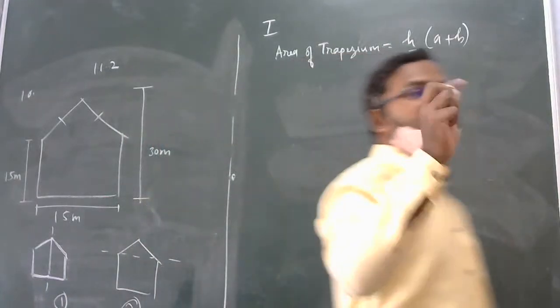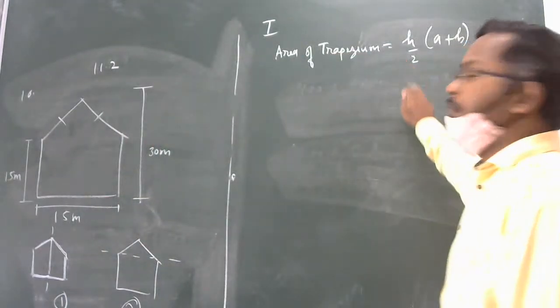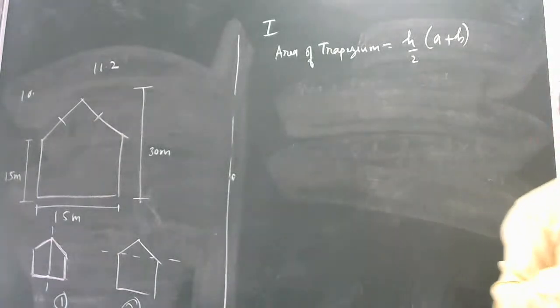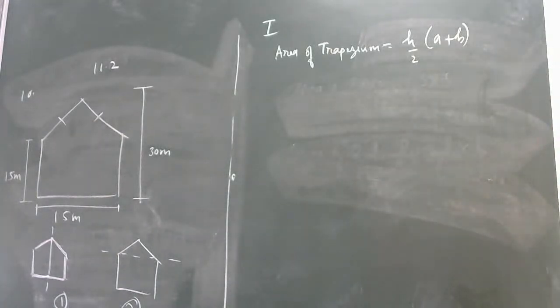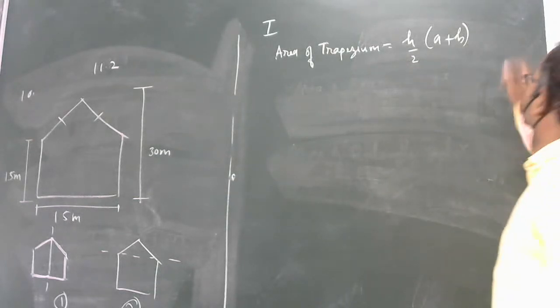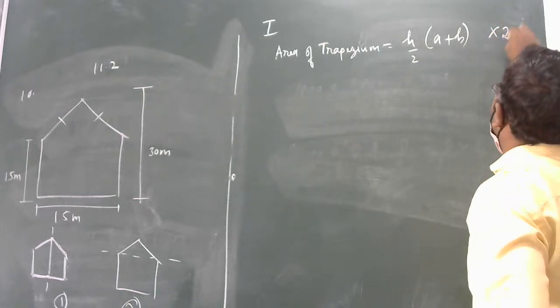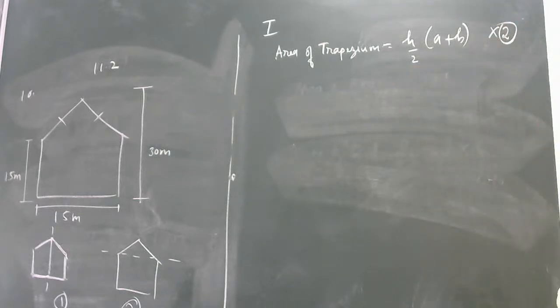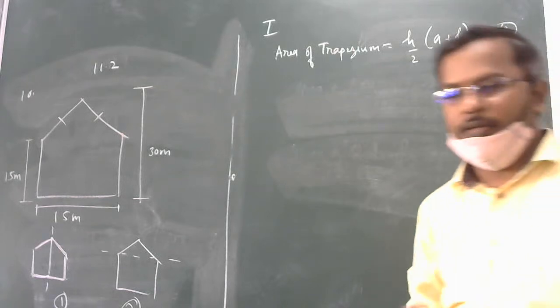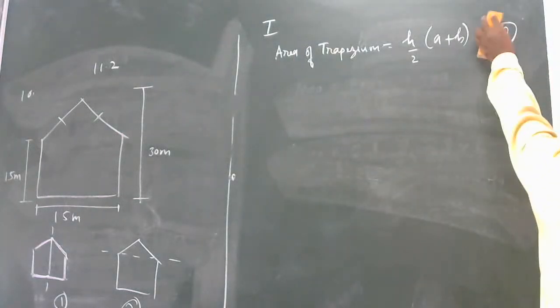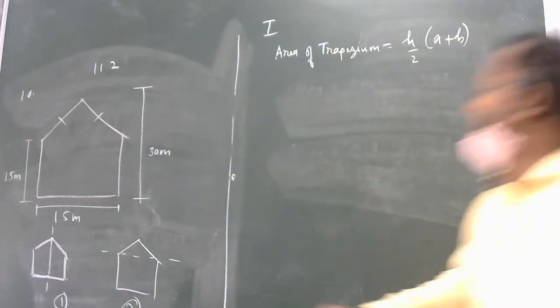If you want to find the total area, whatever area of the trapezium there is, we need to multiply that by 2. So when you multiply by 2, you are going to get the total area. Okay. So first of all, we will find the area of this first part.